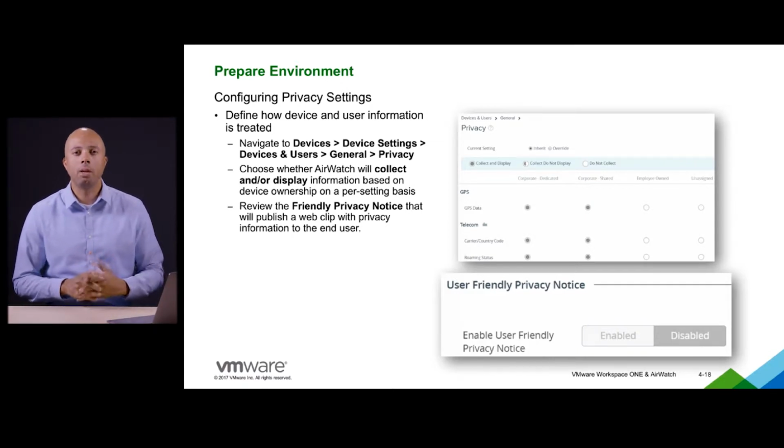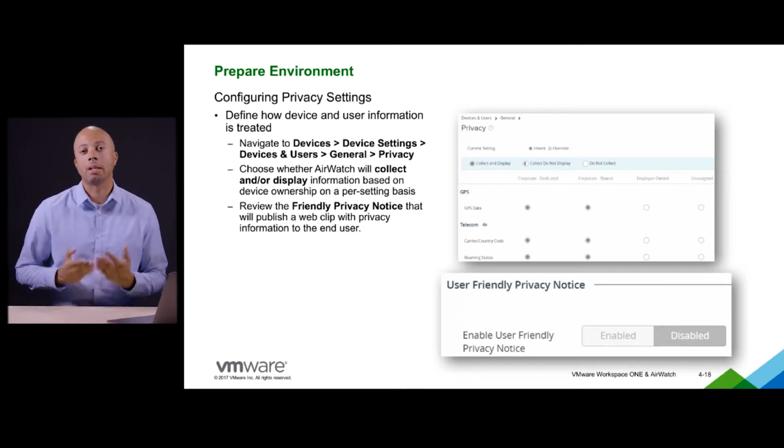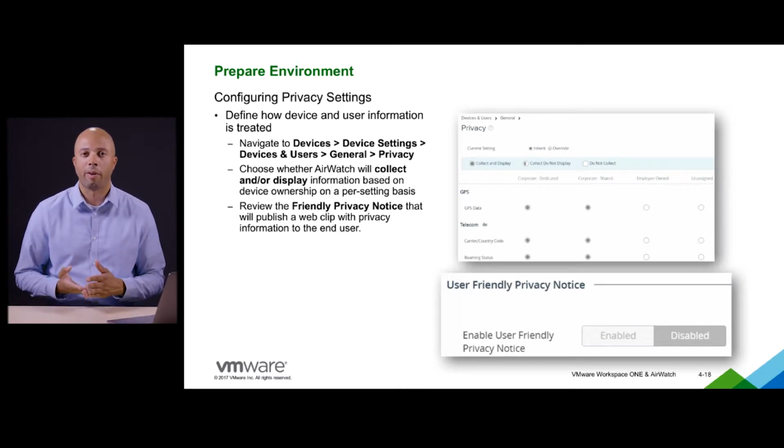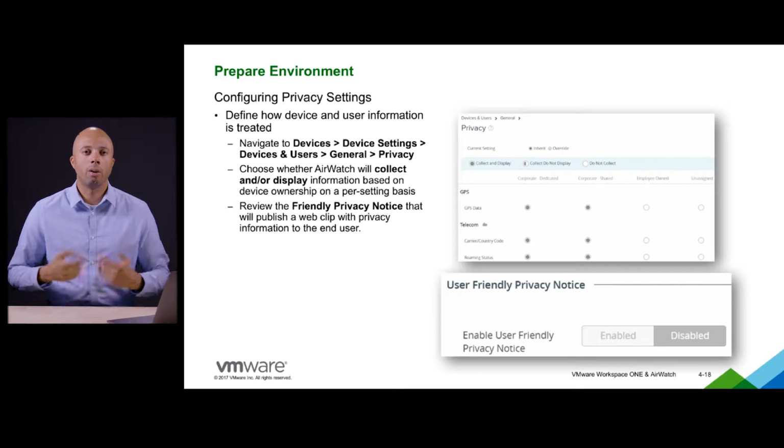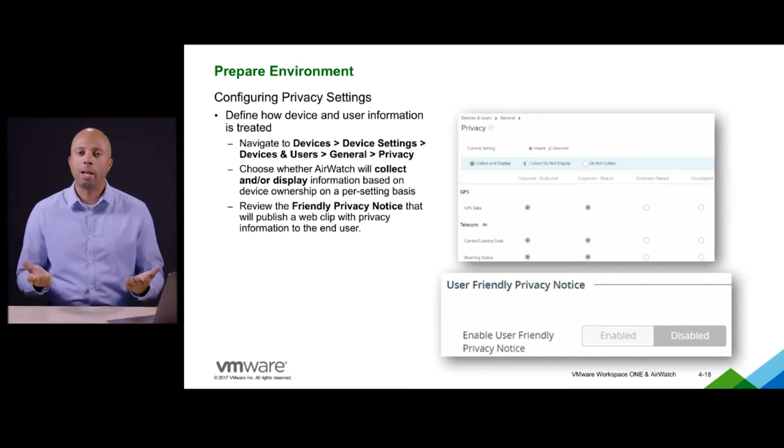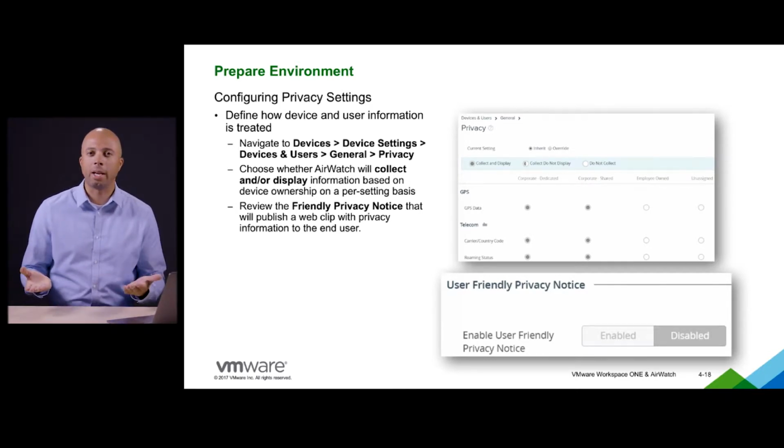Do we want end users to have different types of devices like corporate dedicated or employee owned? And do we want to allow them to have a friendly privacy notice that explains exactly what we're monitoring on that device? This is where you're determining what data is collected from the device, and how it's sorted out between employee owned versus corporate dedicated.